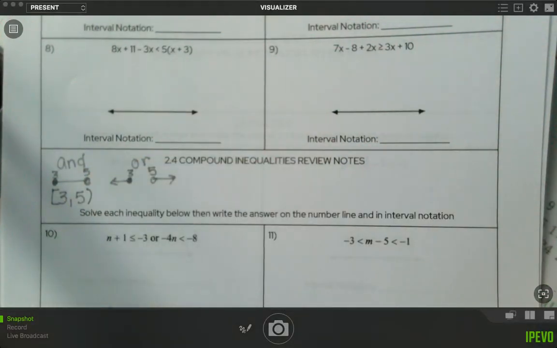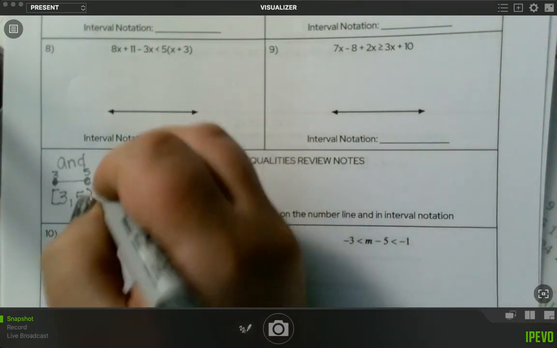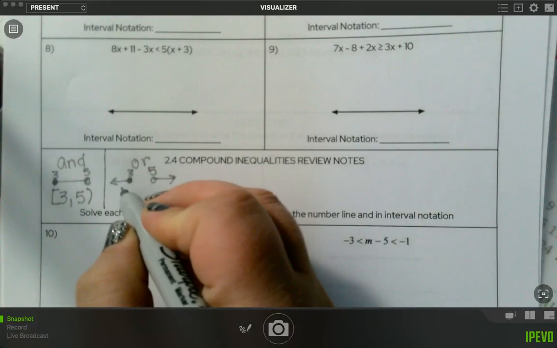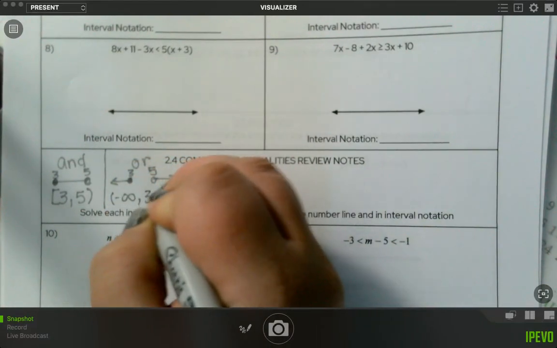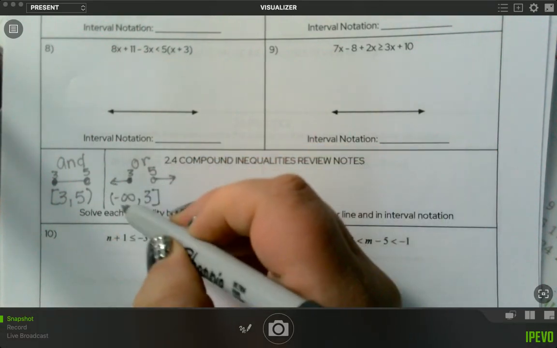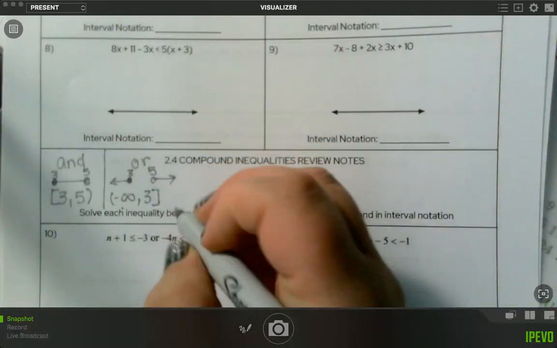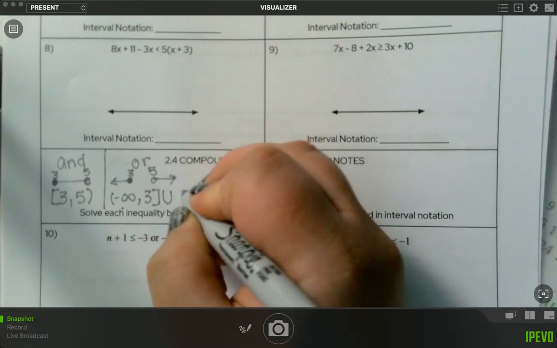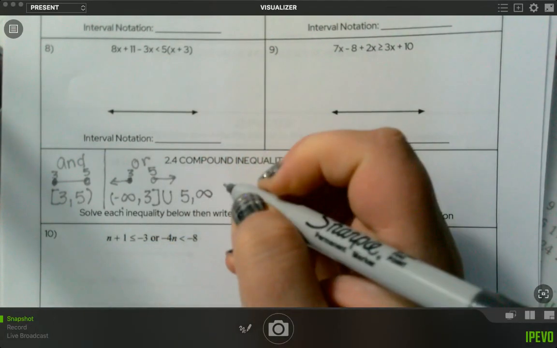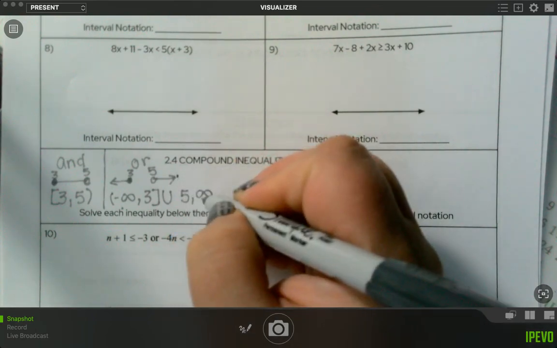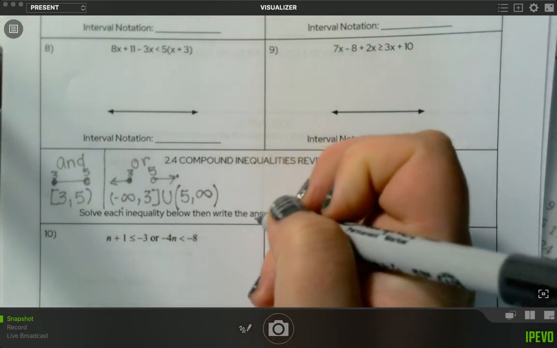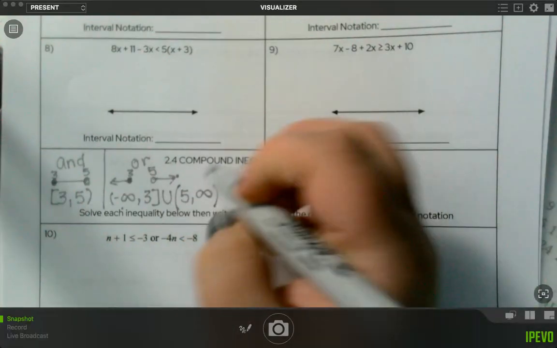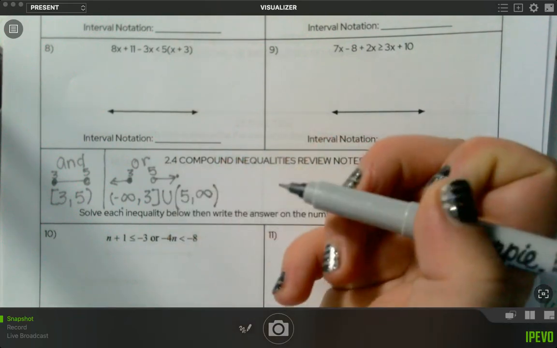The 3 gets a bracket because it's closed, the 5 doesn't because it's open. Whereas over here, 3 needs its own interval from -infinity because it's going to the left to 3. And if it goes to the left, your infinity is on the left. And over here, the 5 goes off to +infinity on the right. Since it's going to the right, my infinity is on the right. You only use a negative on an infinity if it goes to the left forever. And then we put this little u in between when we have to do more than one together.